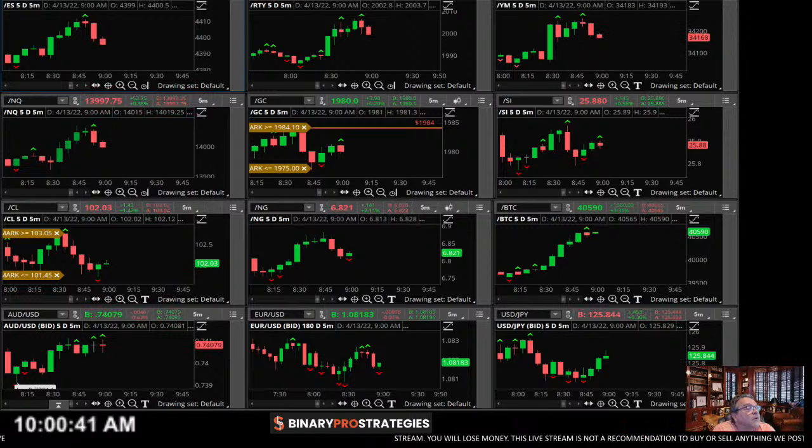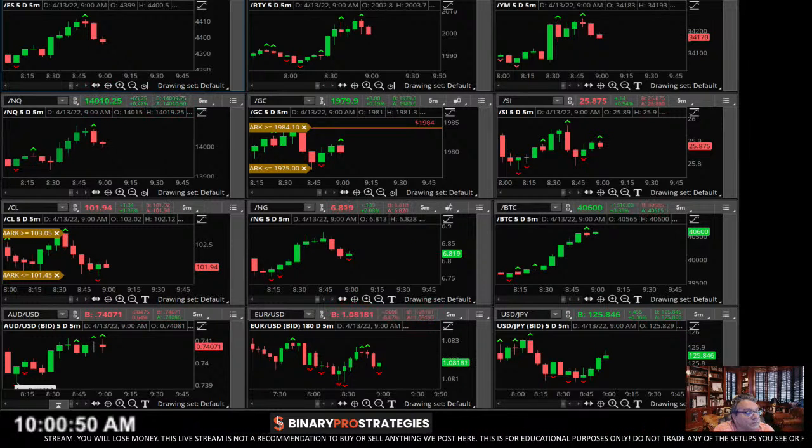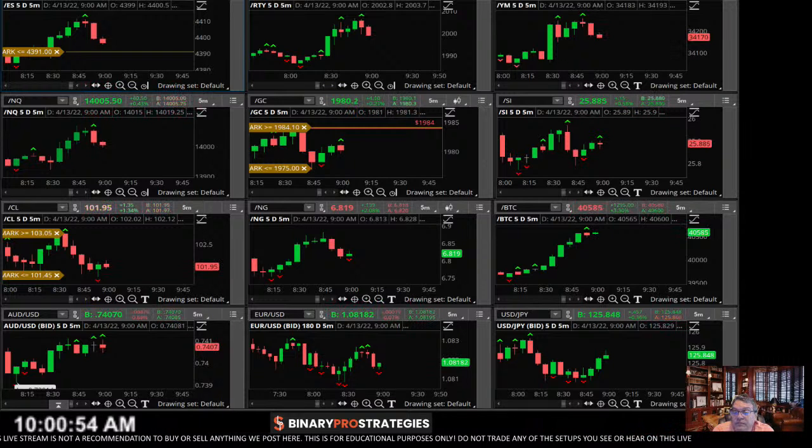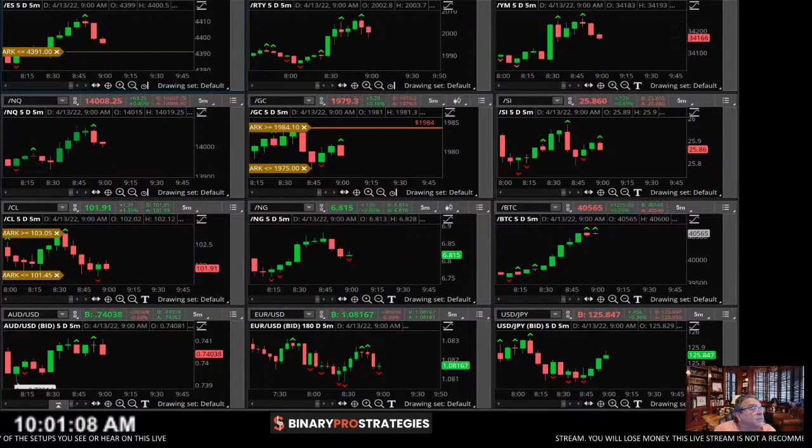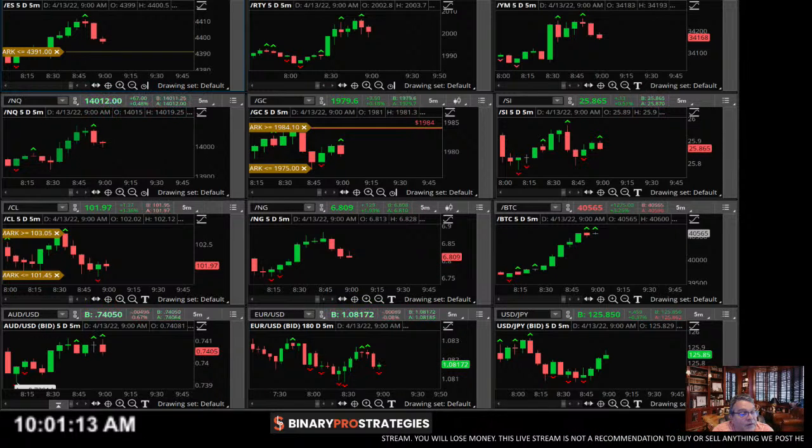Target on that's going to bring us down to 43.91. Reversal is going to bring us up to 4409.75.